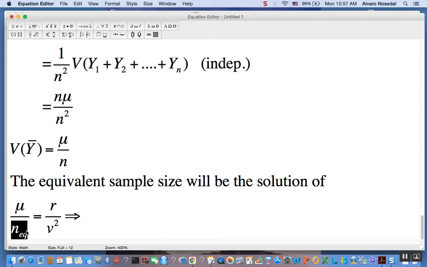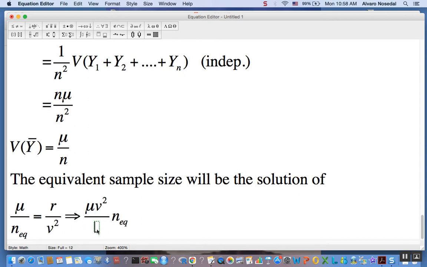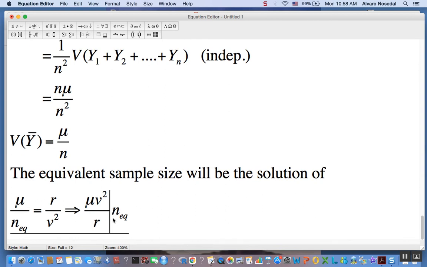So what we end up with here is mu v squared divided by r, which happens to be the equivalent sample size.